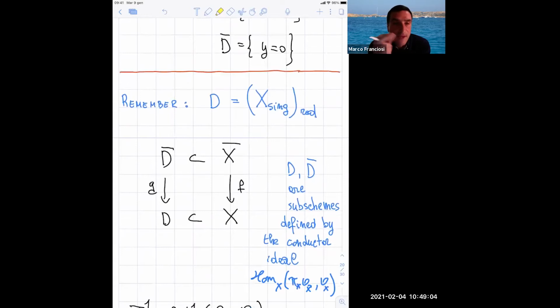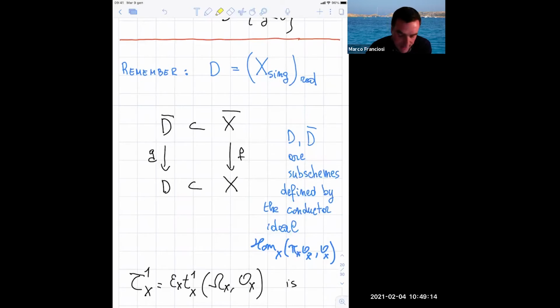We have the embedded points given by the pinch point inside the singular part. And we have the following construction. D bar and D correspond to the schemes defined by the conductor ideal. And we have g, which maps D bar onto D, and f, which is the normalization map.